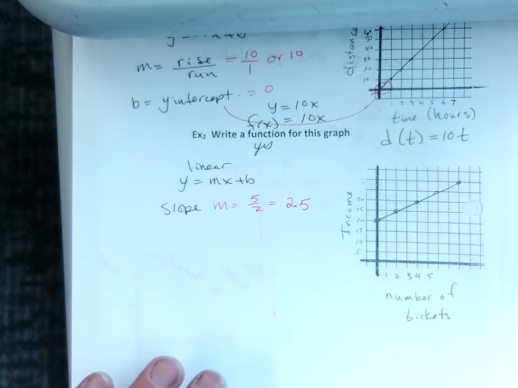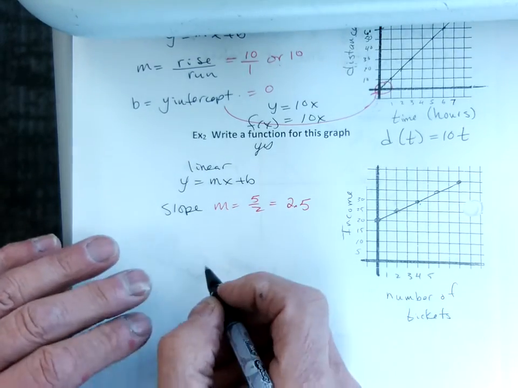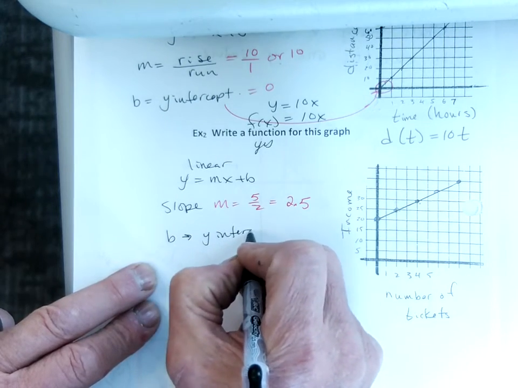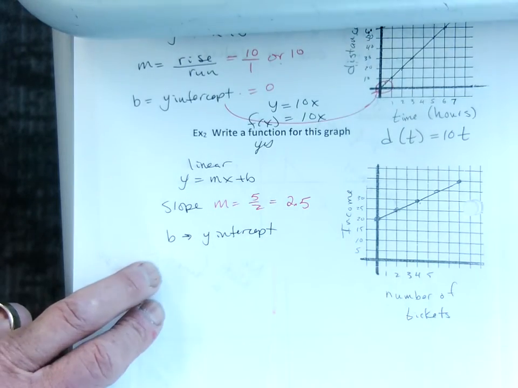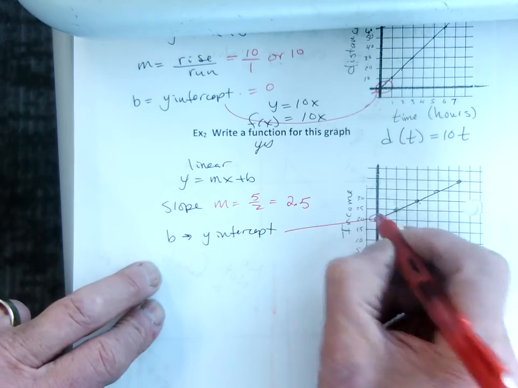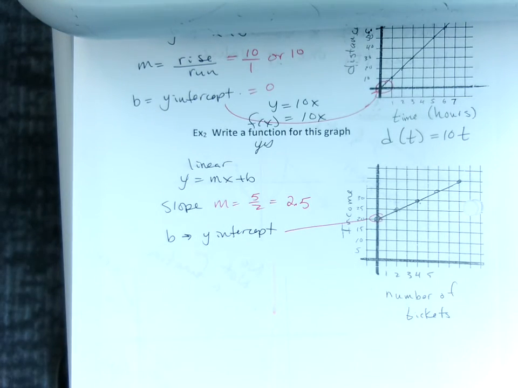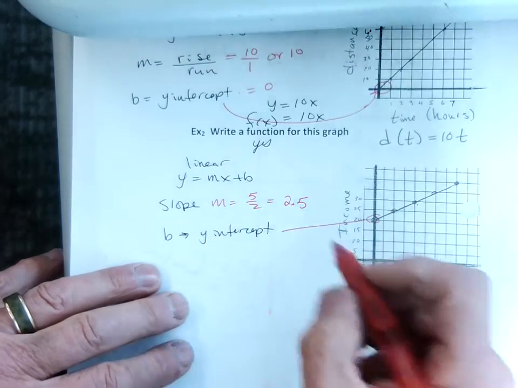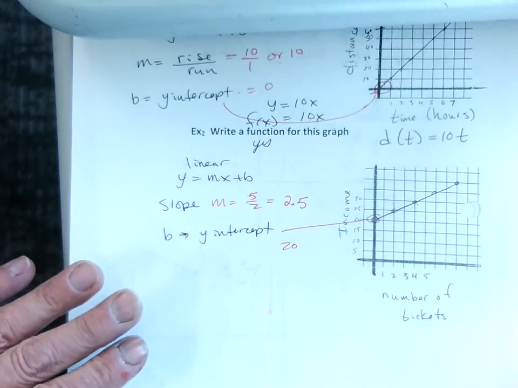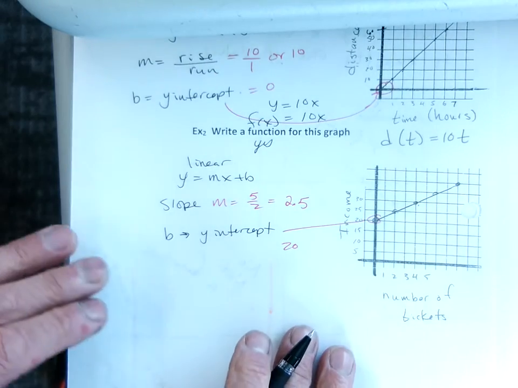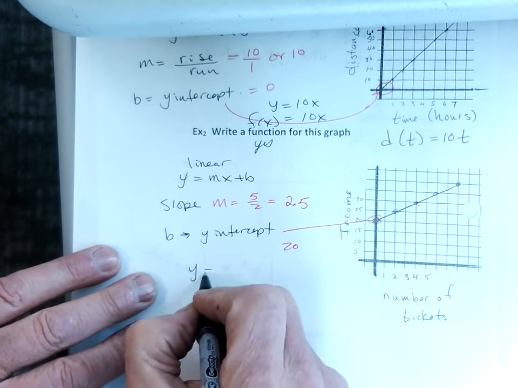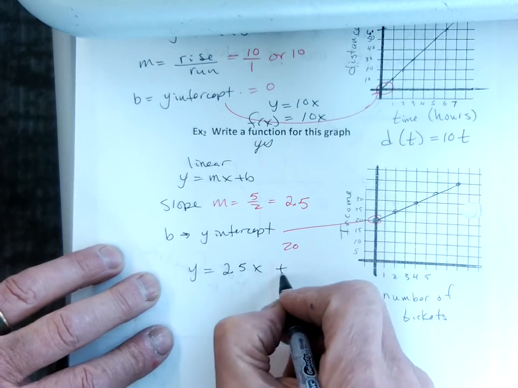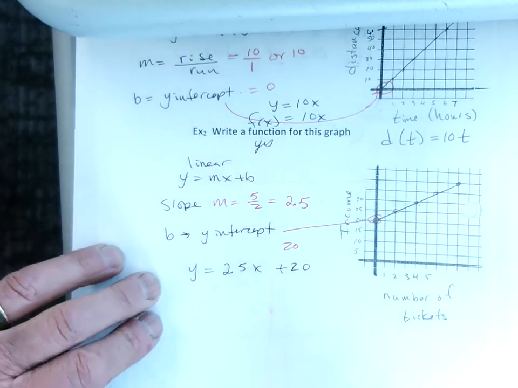Now, what's our b? Our b is our y-intercept, which is right there. So it's got to be 20, right? Right, so we're going to have y equals 2.5x plus 20.